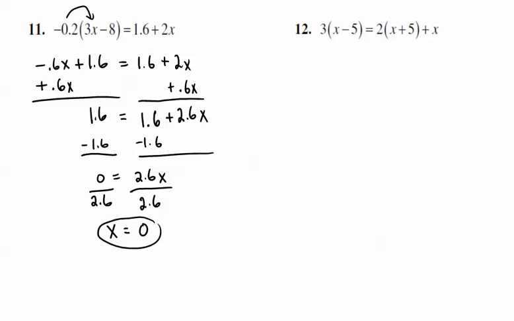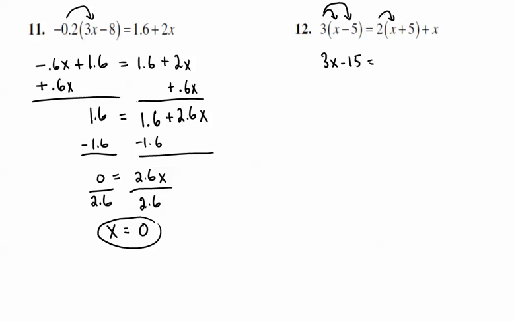Problem number 12, once again, we'll have to distribute. Looks like we'll have to combine some like terms on the right side, and then we will solve for x. So distribute 3 times x gives me 3x. 3 times negative 5 is negative 15.